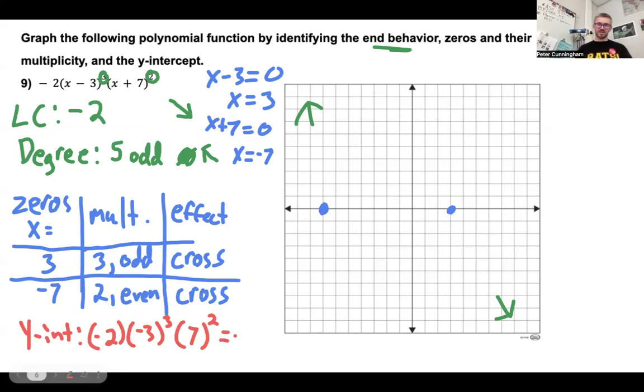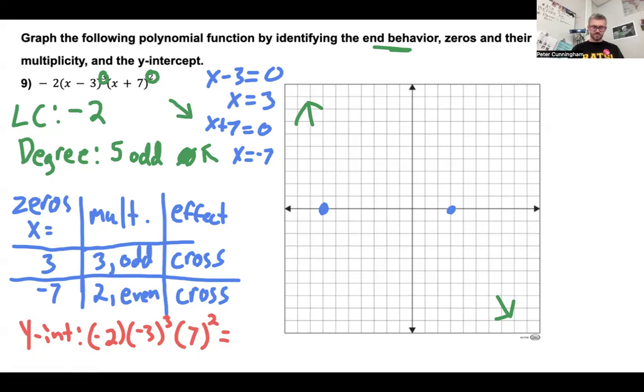Now, where I started this, I almost didn't grab my calculator. I was like, why would I need it? I'm like, you know what? Maybe I will need it. All right, negative 2. Although your calculator is not going to help you that much if you try to use it for negative 3 to the third power. Well, maybe it will. Negative 3 to the third power. It tells me negative 27. That's right.